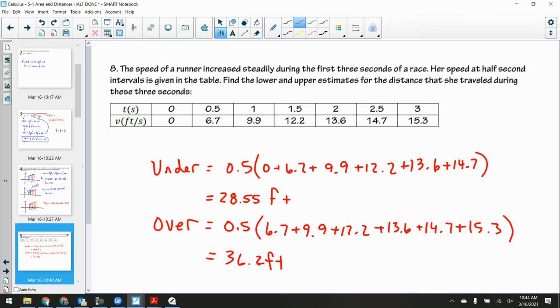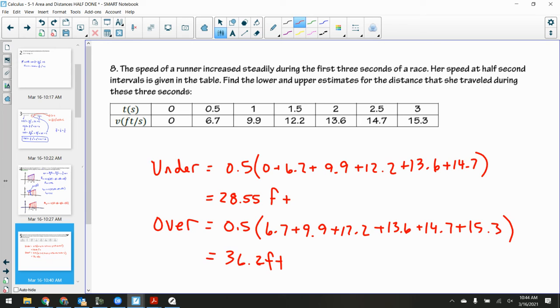If we had not started at zero velocity, you're right, you wouldn't really understand whether it would be an over or under, whether I'm decelerating or accelerating. I know that because I'm increasing as time goes on, the left side approximation would be under, starting at lower values.